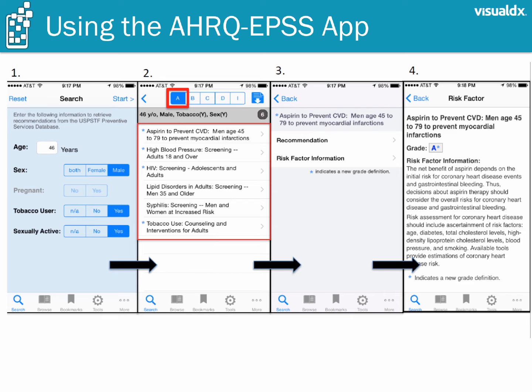Scrolling through with our gentleman, we've said he's 46, he's male, yes for tobacco, and yes, sexually active. Multiple A grades come up that we can proceed to review with him. We've already obviously screened his blood pressure.